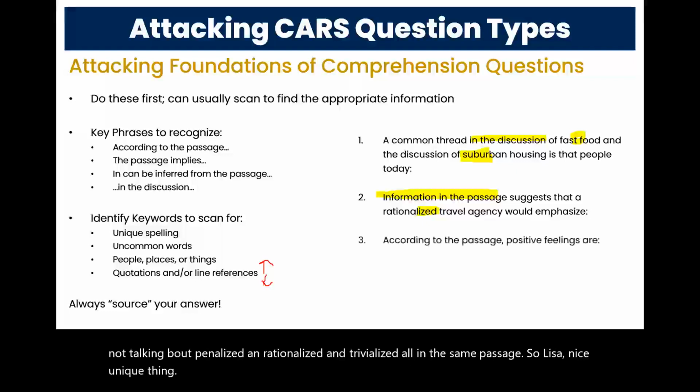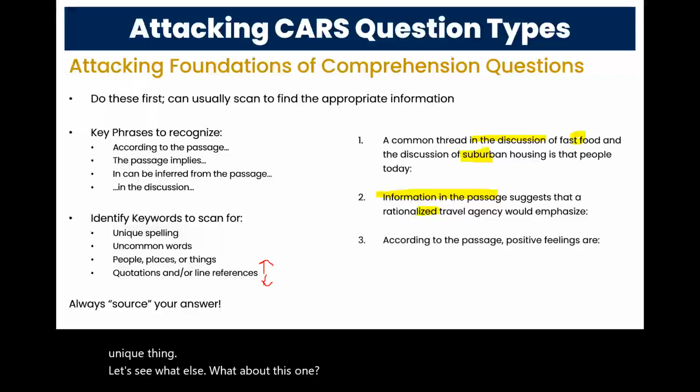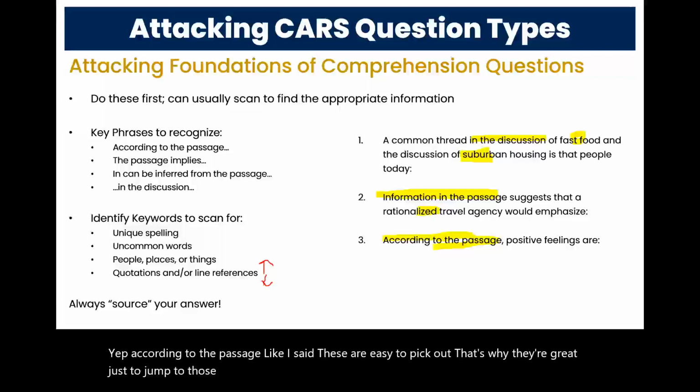Let's see, what else? What about this one? Yep, according to the passage. Like I said, these are easy to pick out. That's why they're great, just to jump to those and do them first. And then what about the keyword?